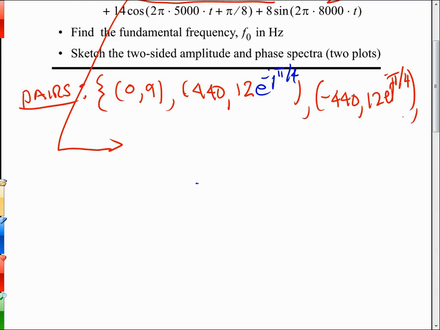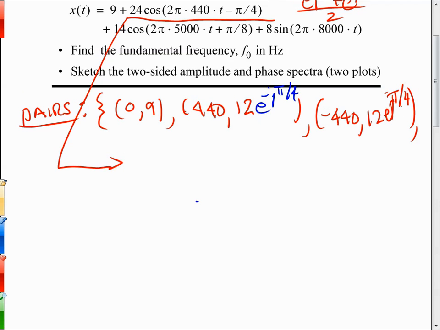Okay, now going from the second term that we have in here, what's the next term? It's the 14 cosine 2 pi 5,000, right? So what's our frequency on that term? It's 5,000. And then the amplitude is, okay, 7e to the j pi over 8.